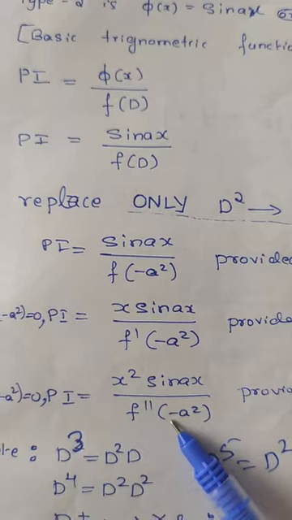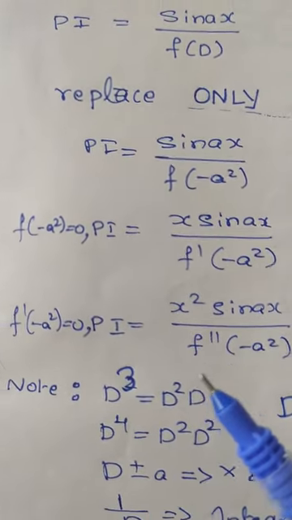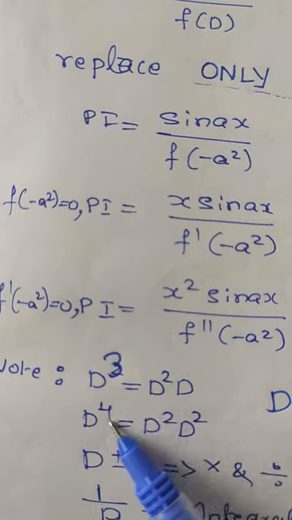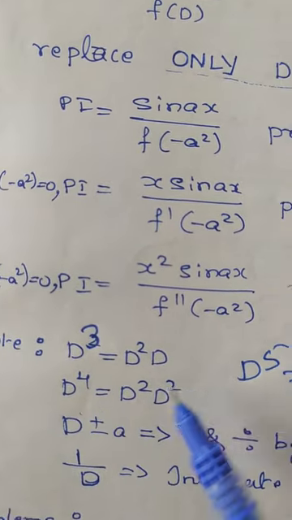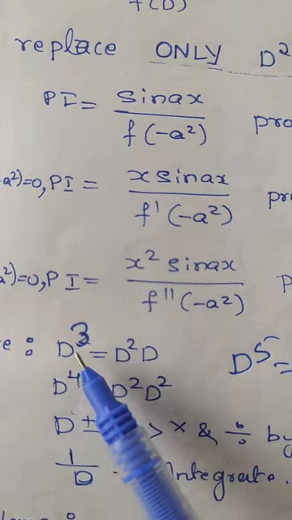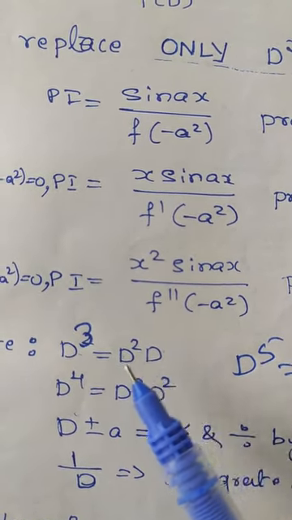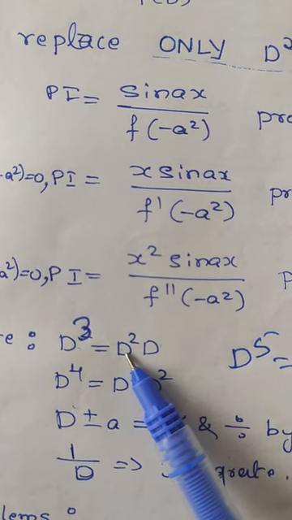Suppose it is a third order, fourth order, or fifth order differential equation, in that case we get D cube, D power 4, D power 5, etc. If we have D cube, write it as D square into D, then replace D square by minus a square.